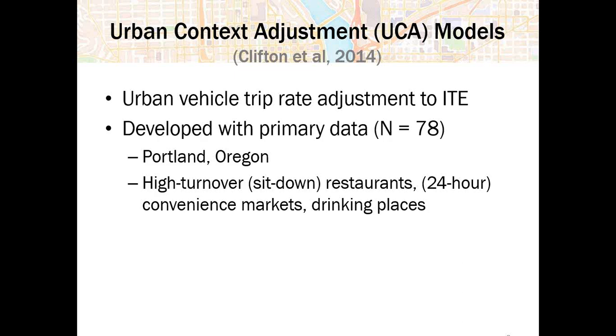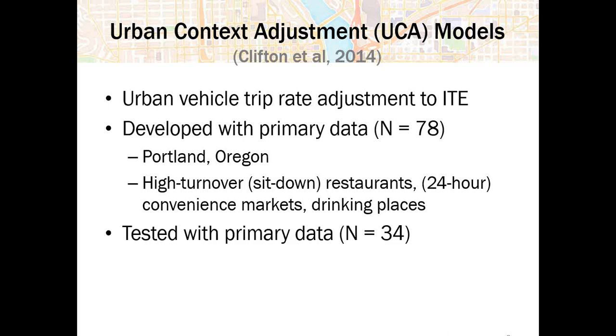We developed it in Portland, Oregon with a data set that we collected ourselves, a sample size of 78 stores, restaurants, convenience markets, and drinking places spread across the region. Then we collected additional data from 34 establishments in the same region in order to test our method, to see how valid it is, how well it works.